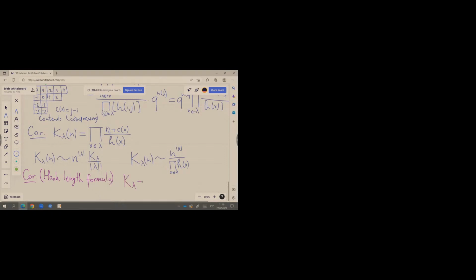K lambda, the number of standard tableaux, is, well, this is not asymptotic, this is just the equality of highest terms: lambda factorial divided by the product of hook lengths. Okay, that's it.